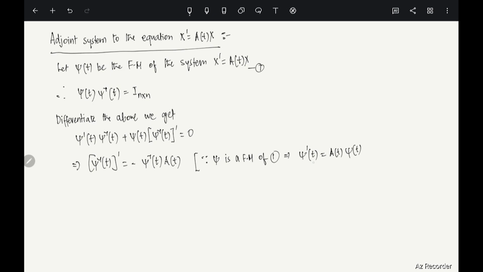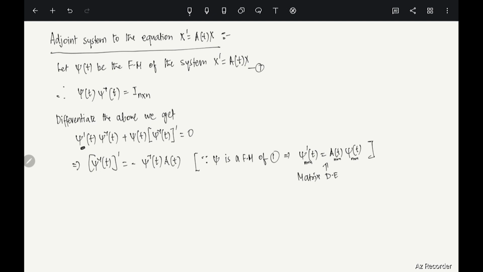This is a matrix differential equation, because phi prime of t is an n cross n matrix, this is an n cross n matrix, and this is also an n cross n matrix. So we are not in the ordinary situation. If phi prime of t is nothing but A times phi of t, we put this phi prime of t here, and this whole expression is nothing but A. You can take everything on the other side and write it like this.